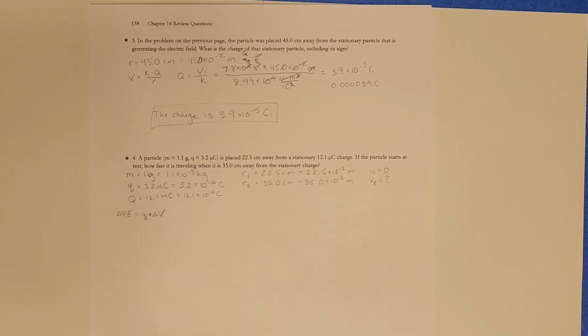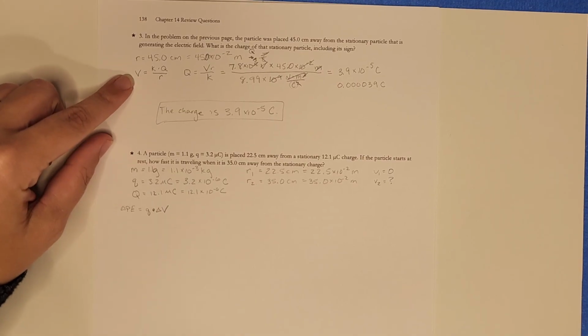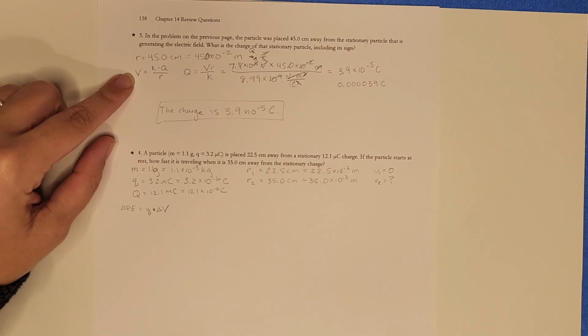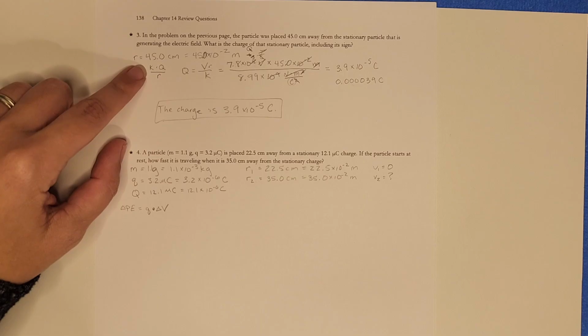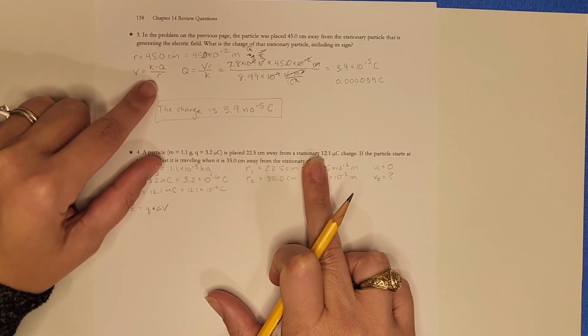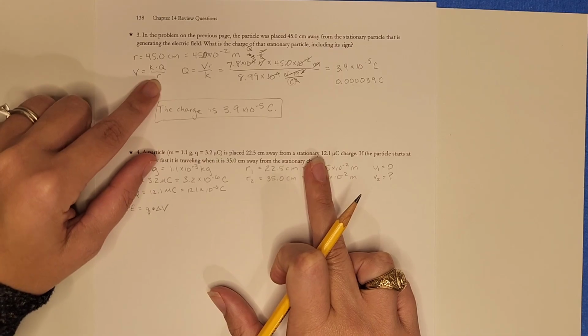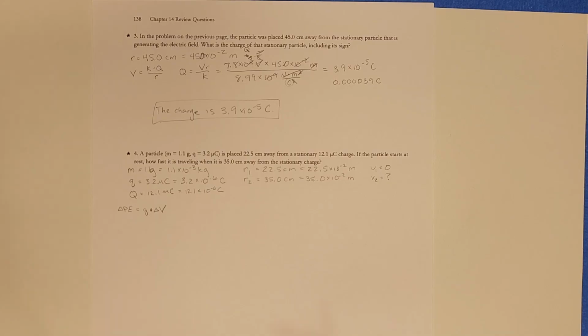Now, we weren't given a change in electric potential, but we have everything we need to determine that. We're going to use the same equation that we used up here in problem 3, equation 14.2, where the electric potential equals our Coulomb's constant times our stationary charge divided by the radius. And we'll do that for both radii and then determine the difference in the electric potentials.